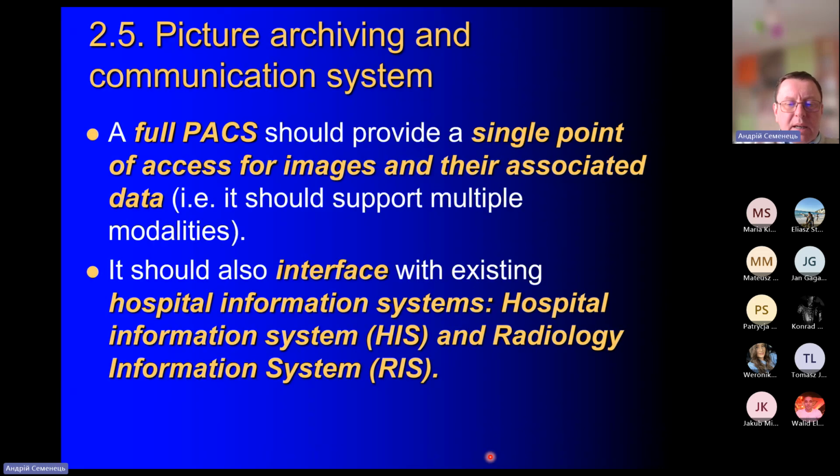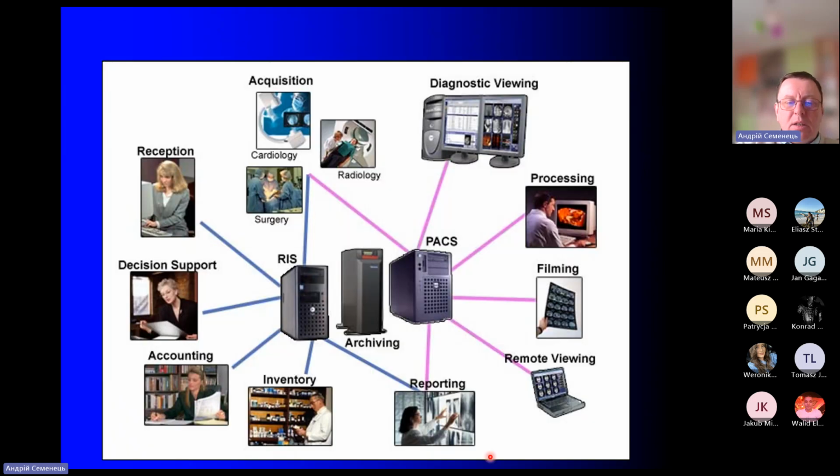Tags, I already told. Also, modern PACS systems should have API interfaces with the hospital information system and radiology information system, or they could be the same system that represents both features. Here are the features more common and different for PACS and RIS. Again, it might be a single system, and the difference could be only in the user roles given there.